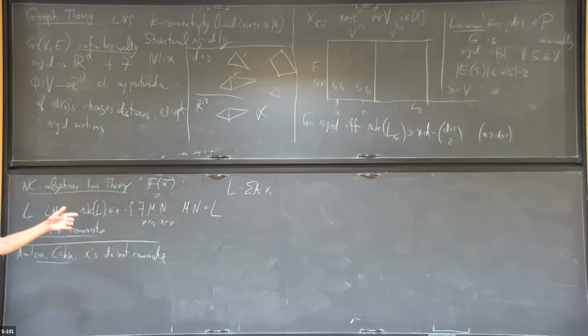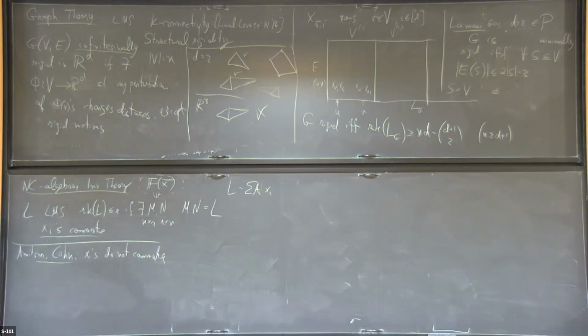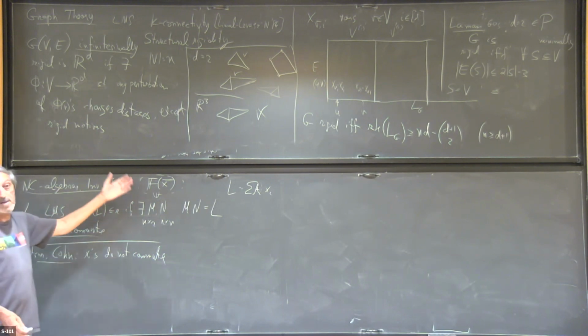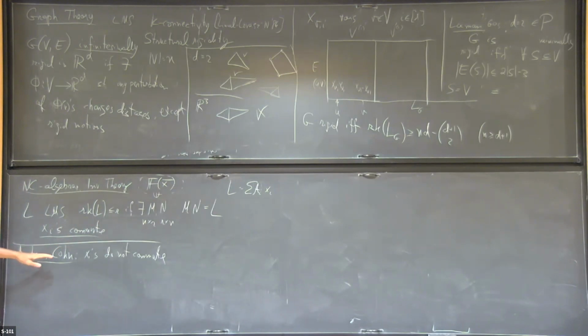In the commutative case, you just take the closure of the polynomials, and every element is actually a ratio of polynomials, a rational function.